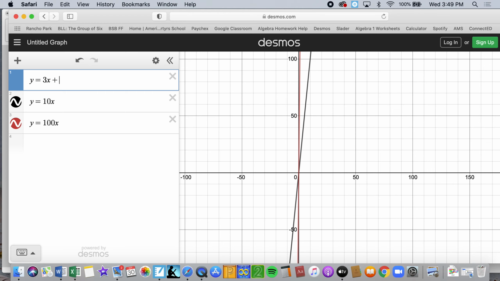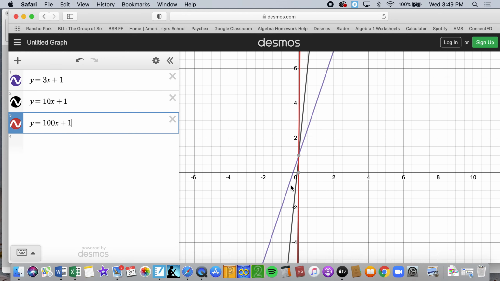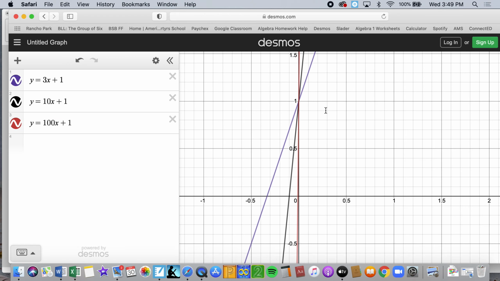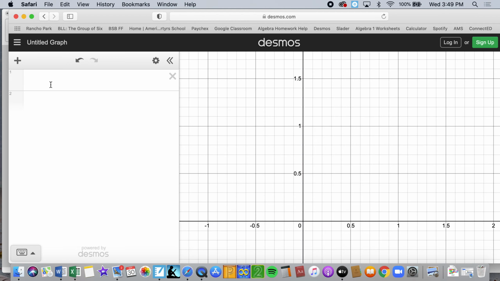If we added 1 to all of them, it would just make the y-intercepts all 1. Okay? Now, what if my numerator in 3, 10, and 100 was bigger than the denominator, 3 over 1, 10 over 1, 100 over 1.